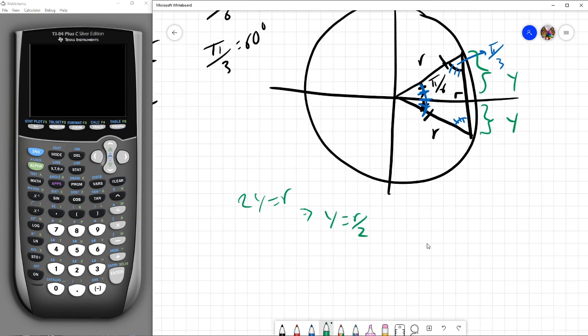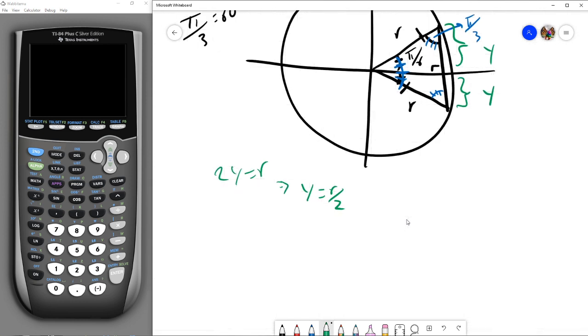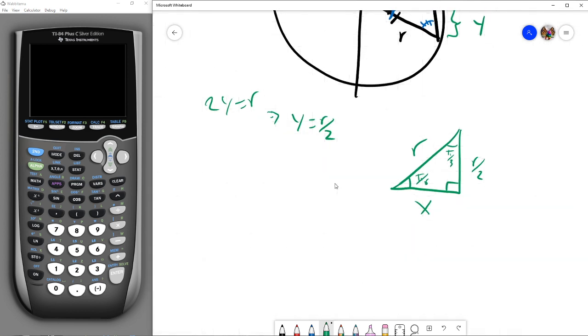So if y is equal to r over 2, then we can redraw our top one. Here's our top angle, here's pi over 6, pi over 3. This is r over 2, this is r, and this of course is x. With this, we know that r squared is going to equal r over 2 squared plus x squared, by the Pythagorean theorem.